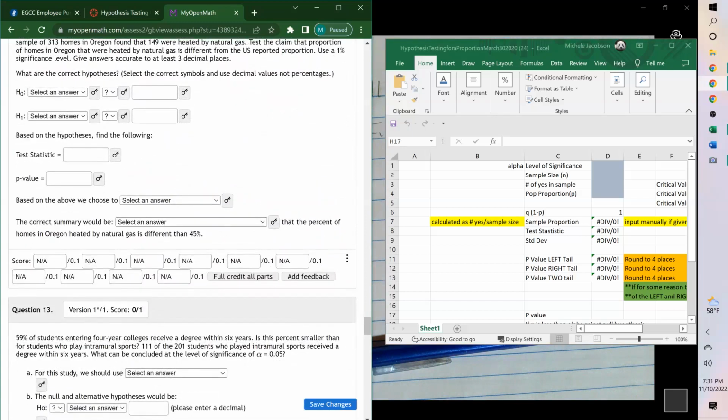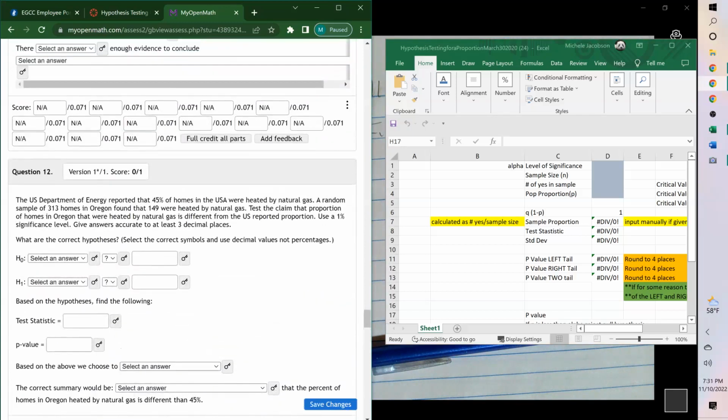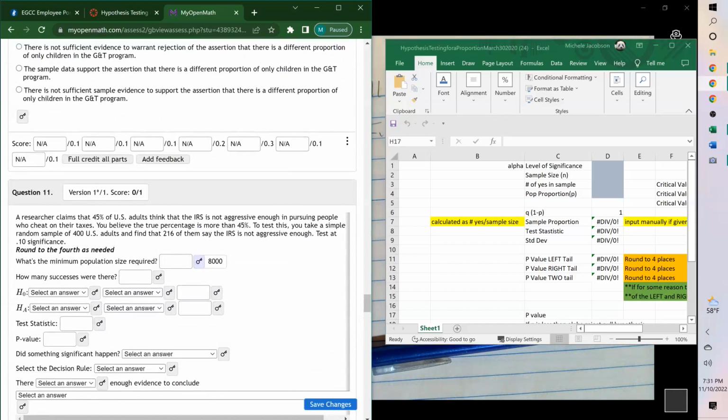There should only be like 1 or 2 of these questions, and they say that the population should be 20 times your sample. If you don't know what it is, then rule of thumb, it should be 20 times it. And that's all it is. Okay, say that again slower. Sure.